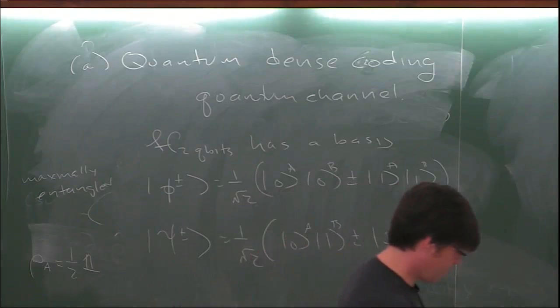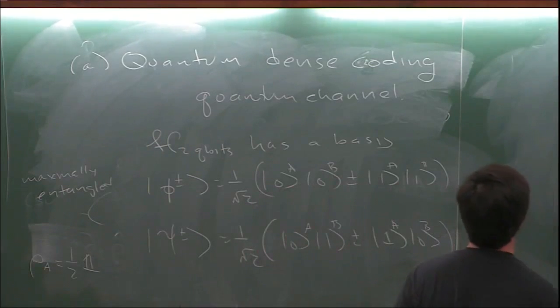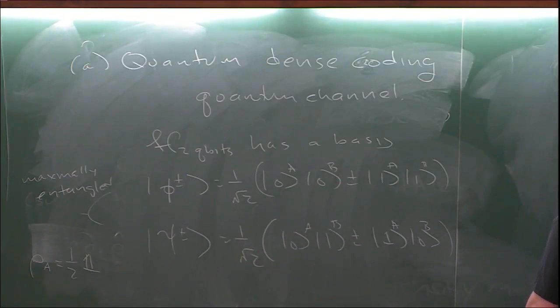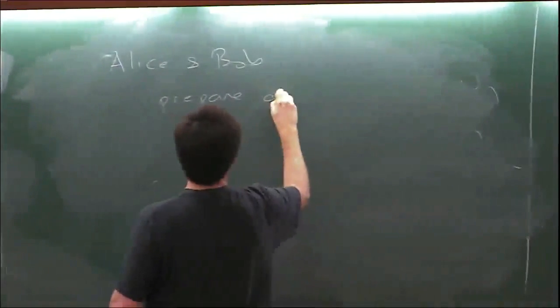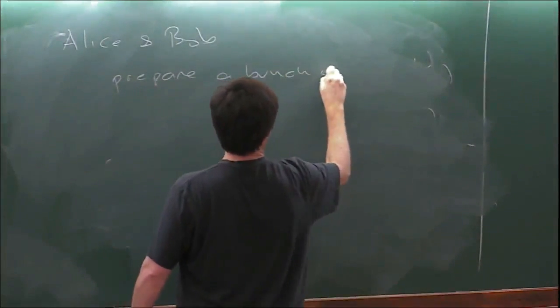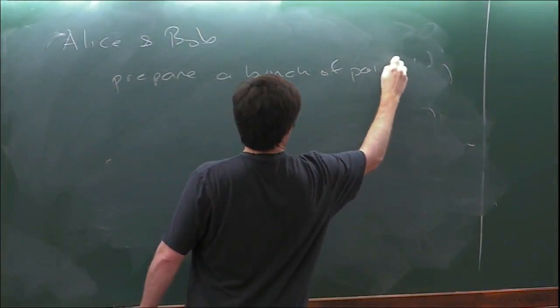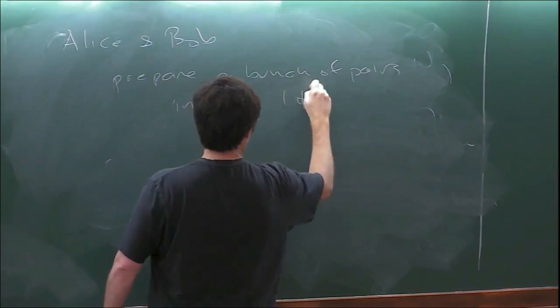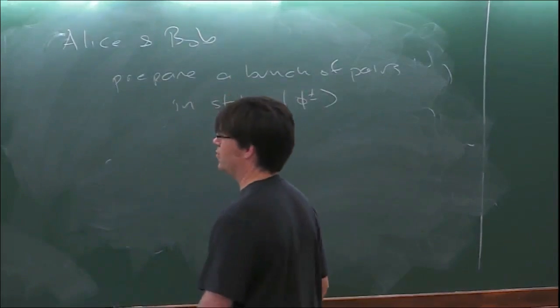Okay, so now what I'm going to imagine is that my 2 experimentalists, and I'll just stick with Alice and Bob, prepare a bunch of pairs in the state phi plus or minus. They're only going to use, say, phi plus.